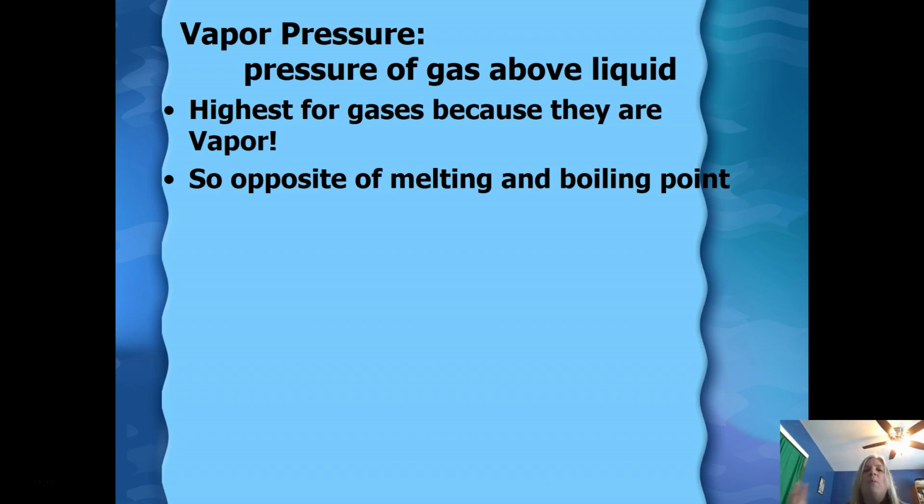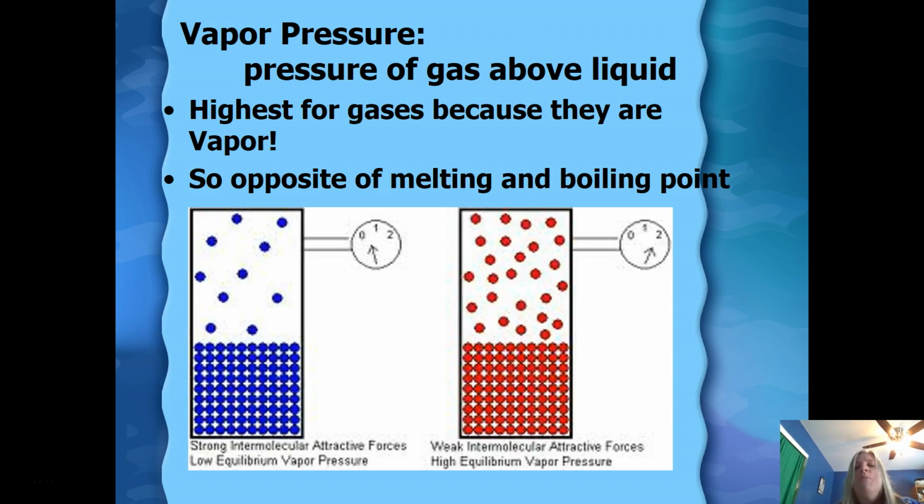So the more gas you have, the more vapor pressure you have. So it is the opposite of melting and boiling point, because the more you're a vapor, the more vapor pressure you have. Things that have strong intermolecular forces, like our ionic and metallic, are going to have very low vapor pressures. But things that have weak intermolecular forces, that are liquids and gases, have very high vapor pressures.